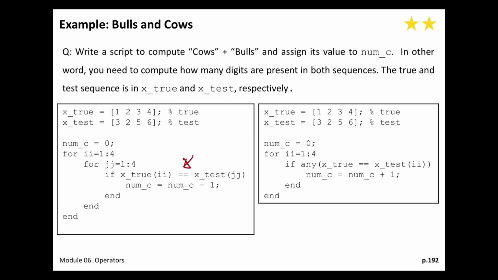But rather than designing the double loop, we can solve this question using a single loop. How? We can use the operator. Let's see this script. We just make a single loop, and then we use this one.